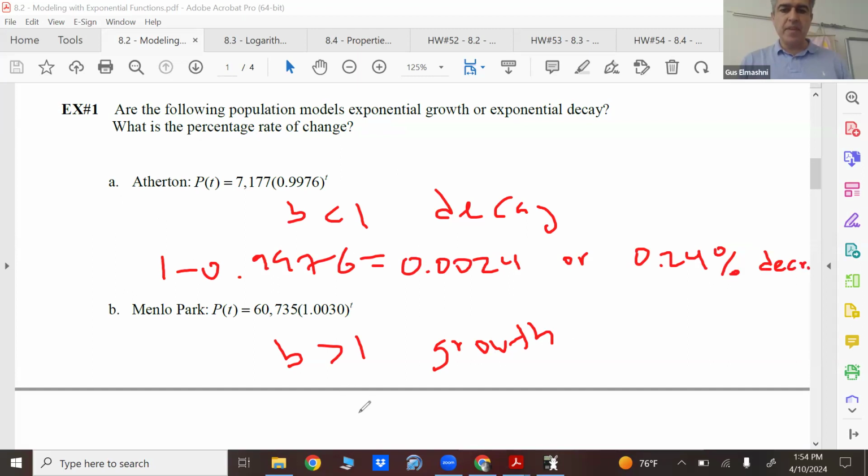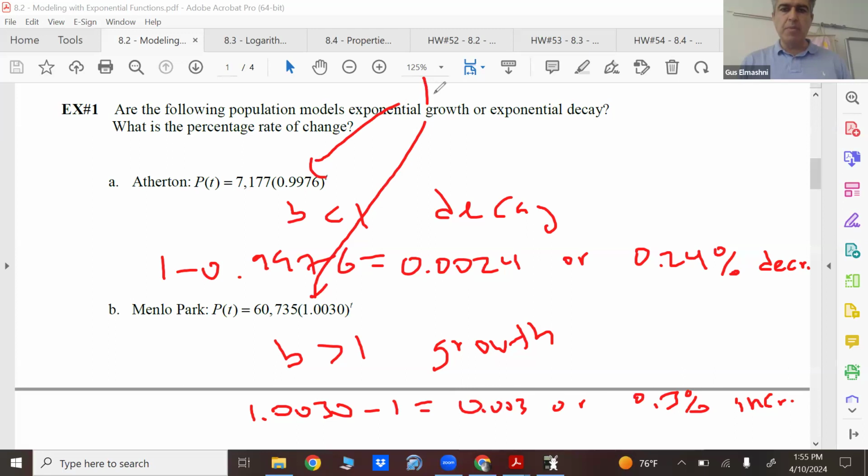Here, we do 1.0030 minus 1, 0.003, or a 0.3% increase. And the reason why is that each time, that's 1 plus r. So I'm setting these each equal to 1 plus r and solving for r.